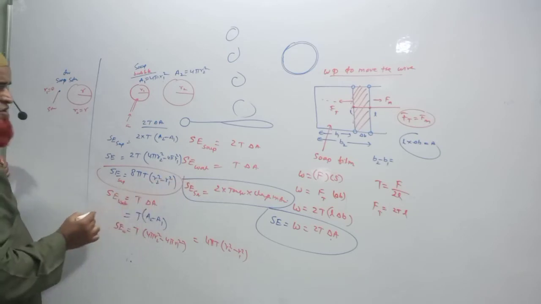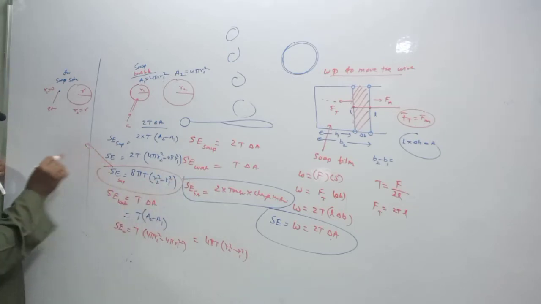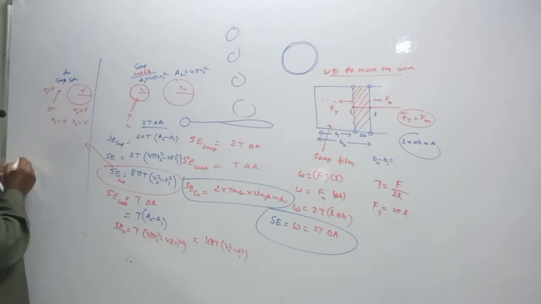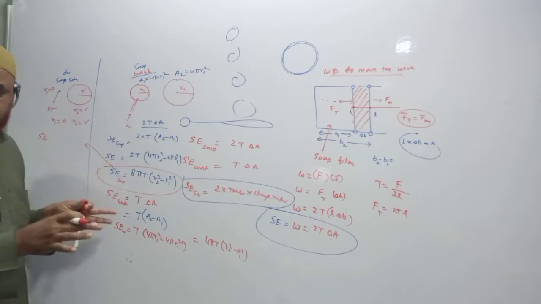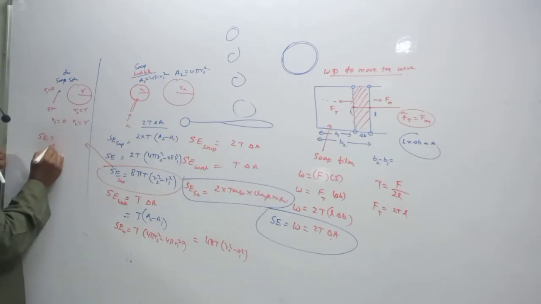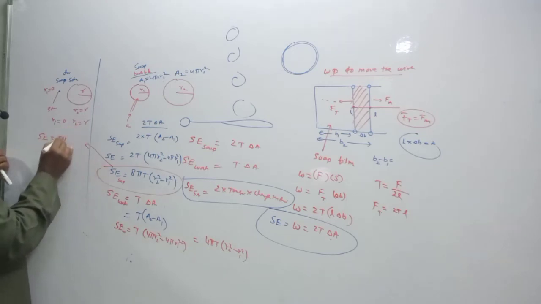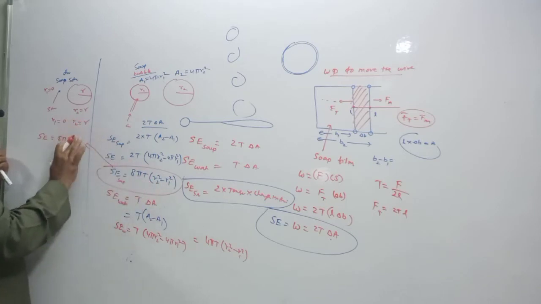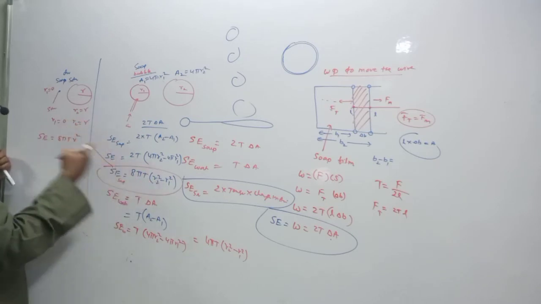Then, what are you going to do now here? This formula is modified a little bit. R1 is taken as 0, R2 is taken as R. So the surface energy to create a bubble from nothing, from only soap solution, is 8 pi T times R square minus 0.